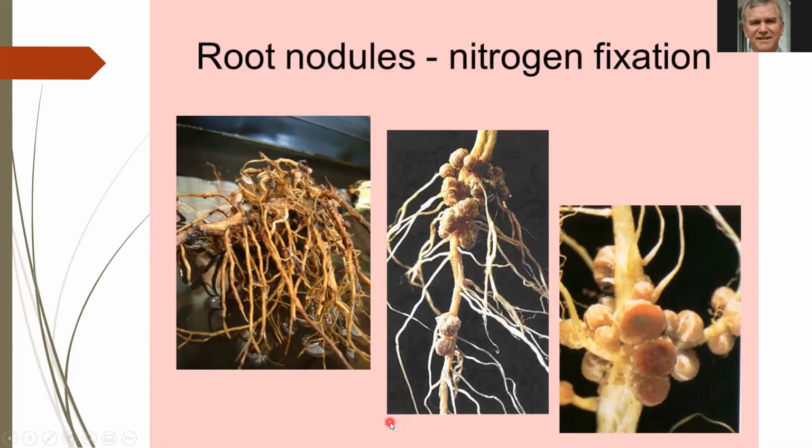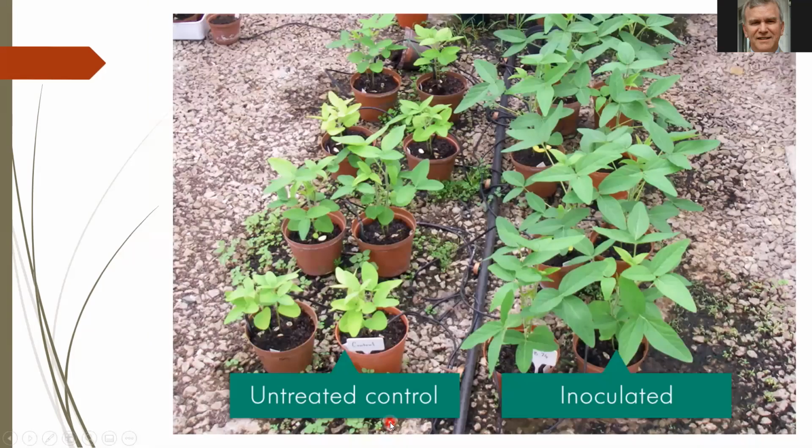Next slide. So there is a business in agriculture of inoculating the seeds of a legume with rhizobia bacteria. We're looking at soybean plants here.